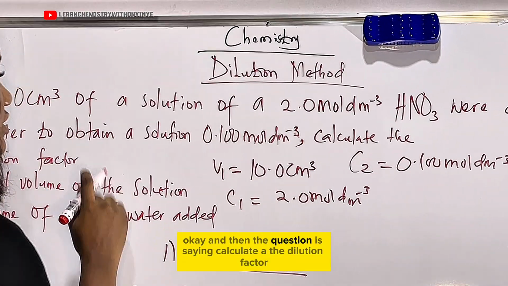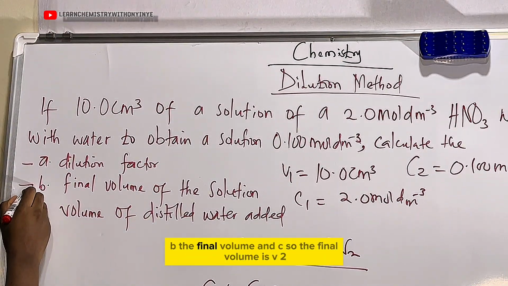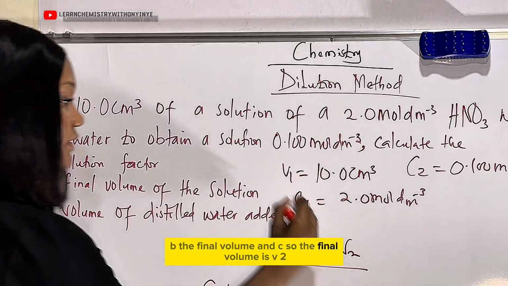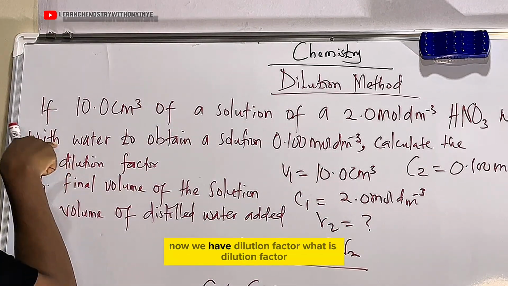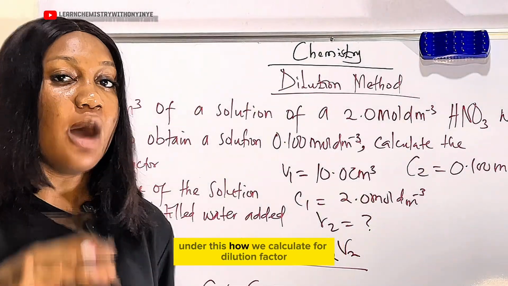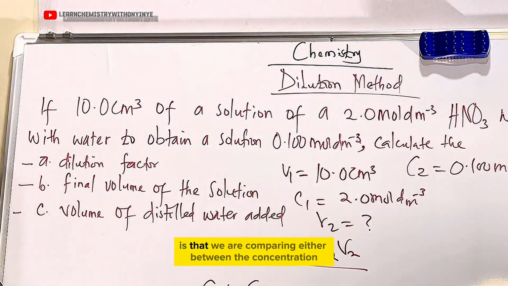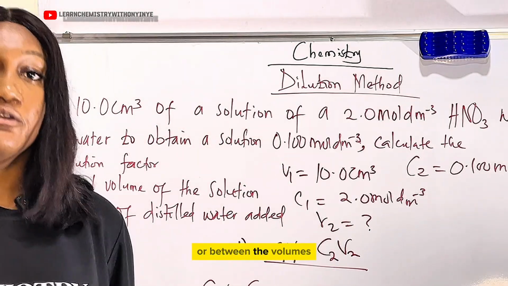Okay, and then the question is saying calculate A, the dilution factor, B, the final volume. So the final volume is V2. This is what we are looking for in B. Now we have dilution factor. What is dilution factor under this? How we calculate dilution factor is that we are comparing either between the concentrations or between the volumes.